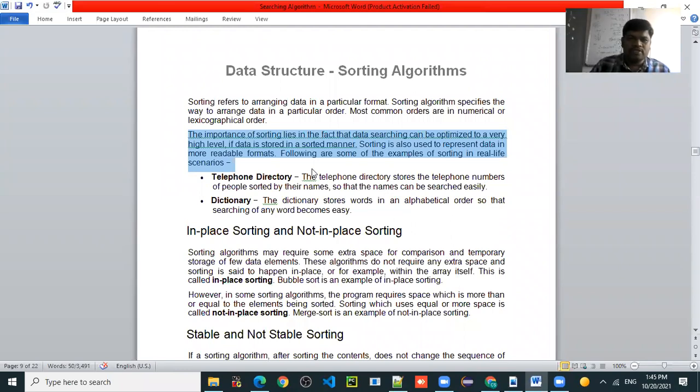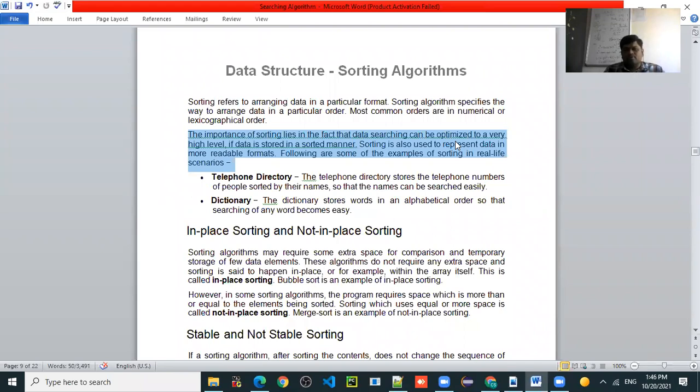Now, what we are discussing, sorting, refers to arranging the data in a particular format, right? A sorting algorithm specifies the way to arrange the data in a particular order. The most common orders are numerical or lexicographical order. We'll consider only the numerical parts.